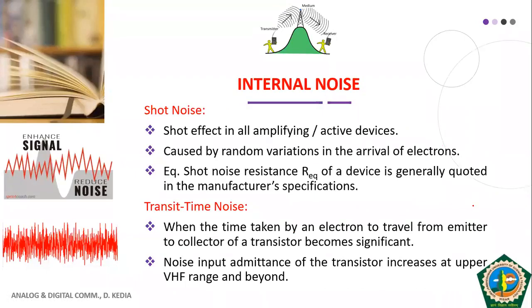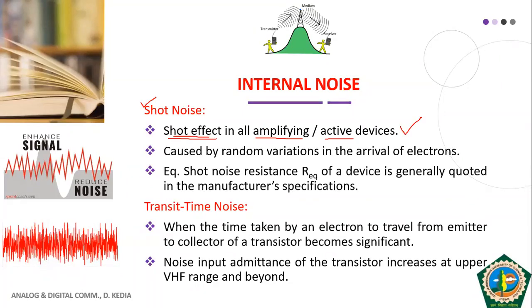The other two types of internal noise include shot noise and transit time noise. First let us see what shot noise is. We all know the working of our transistors and FETs. Whatever amplifying and active devices we have, we come across a shot effect in them. So this shot noise is generated due to the shot effect in all amplifying and active devices.